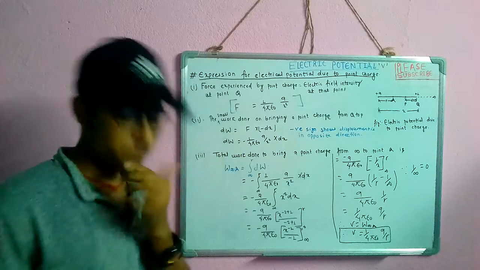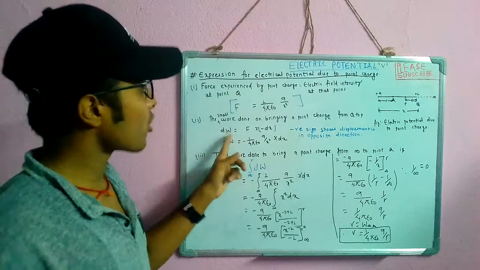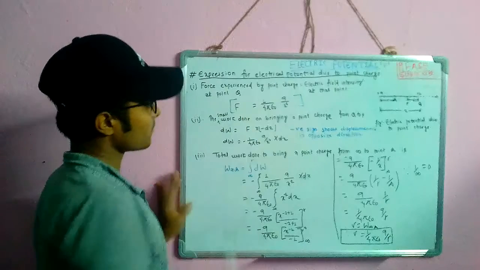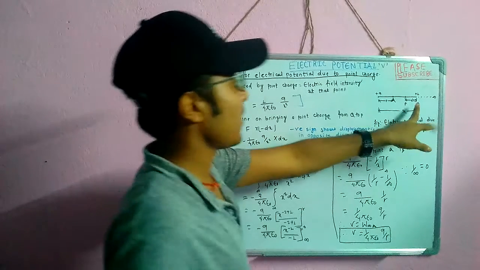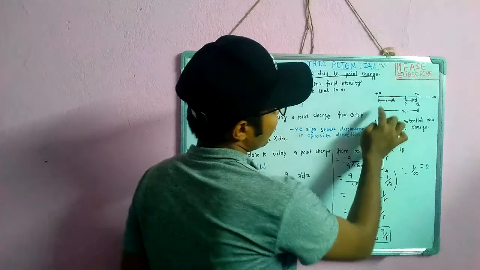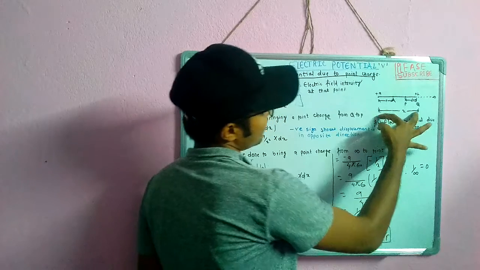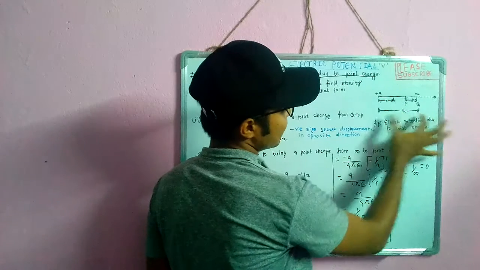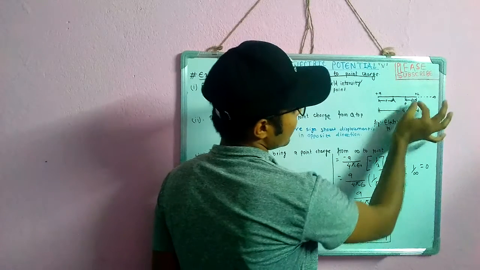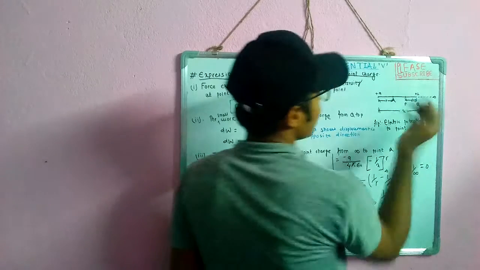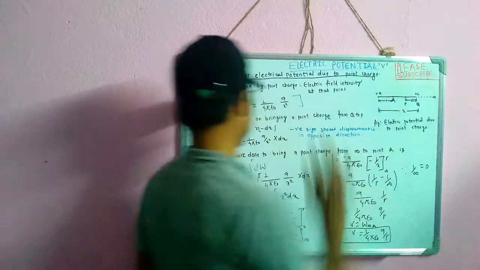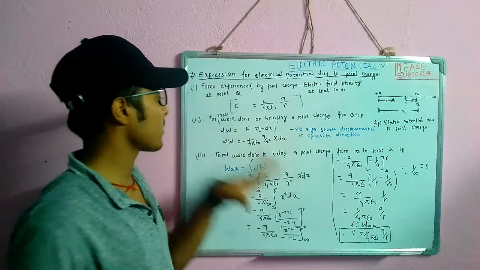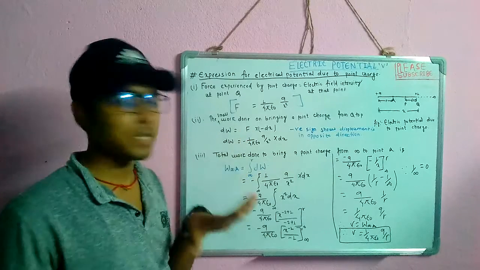That is, the formula of work done is force into displacement, and the force we have from here, and the displacement is, if we let the distance between this charge and a point be x, then this is a very small displacement, just we have taken, that is dx, and we have the formula for work done as force into displacement.